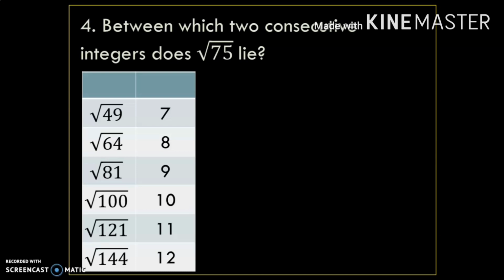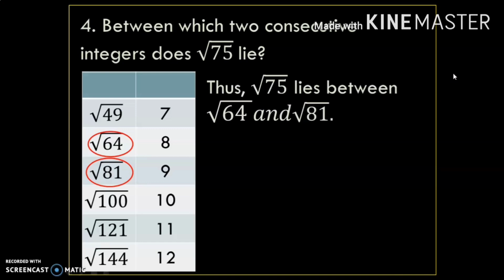So, from those given, where could I find square root of 75? That is between 64 and 81. Okay? Kasi siya lagpas ng 64, pero hindi siya lalagpas ng 81. And the square root of 64, tandaan na 8. Then, the square root of 81 is 9. Therefore, susulat natin, the square root of 75 is between square root of 64 and square root of 81.